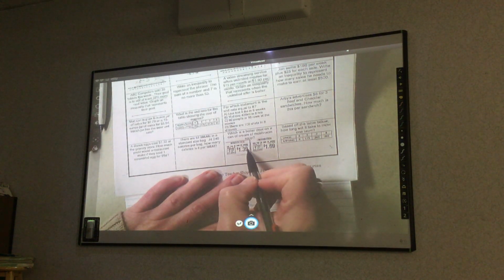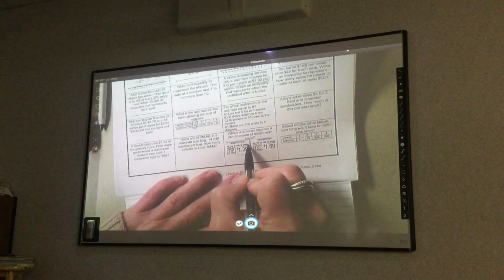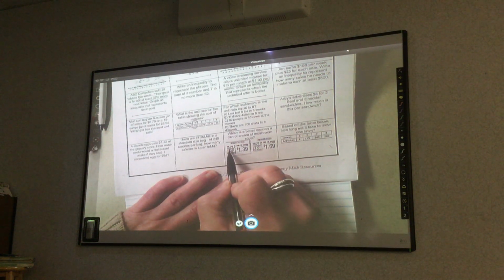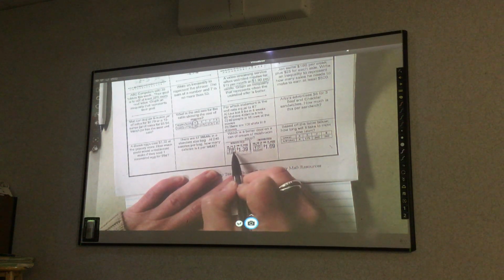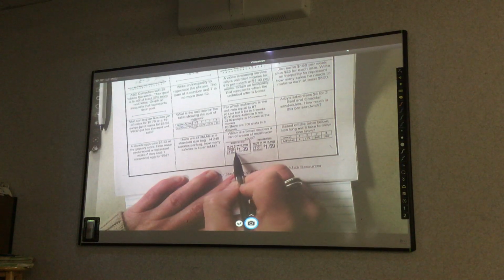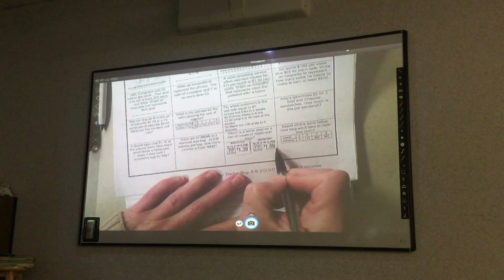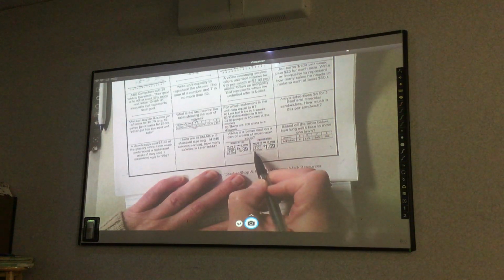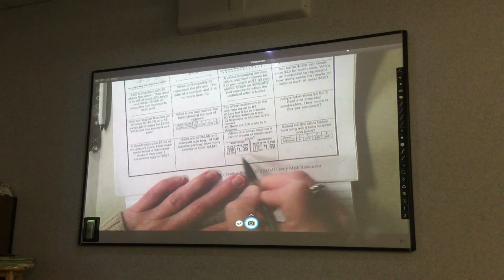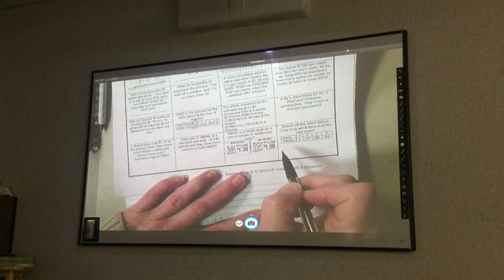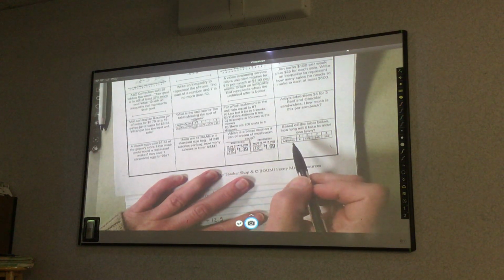$1.39, and it says it's cream of mushroom soup, and here it says unit price, 9 cents per ounce. Then here's another can of cream of mushroom soup for $1.69, and it says the unit price is 9 cents per ounce. So is there a better deal here? Yes or no?